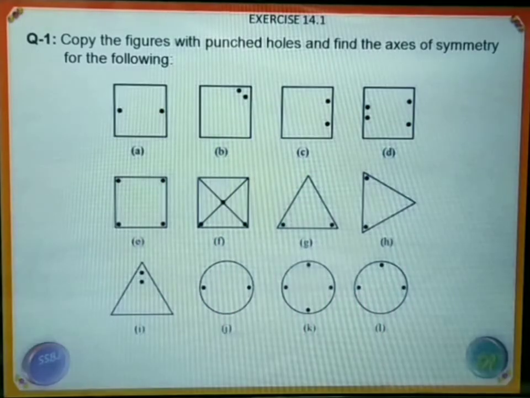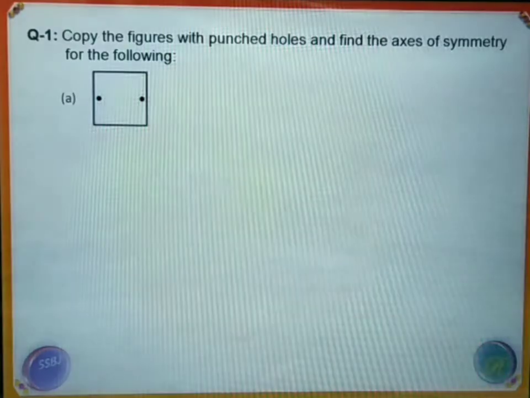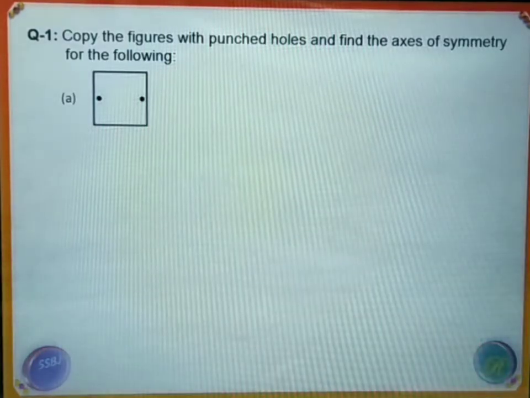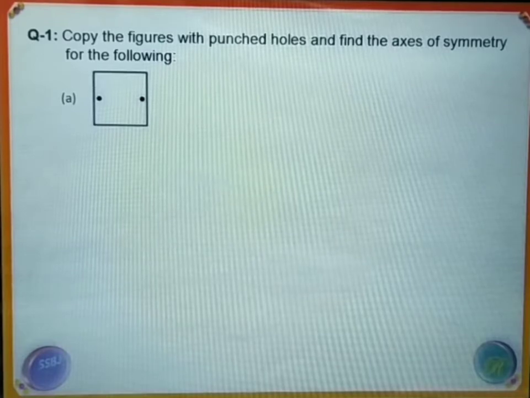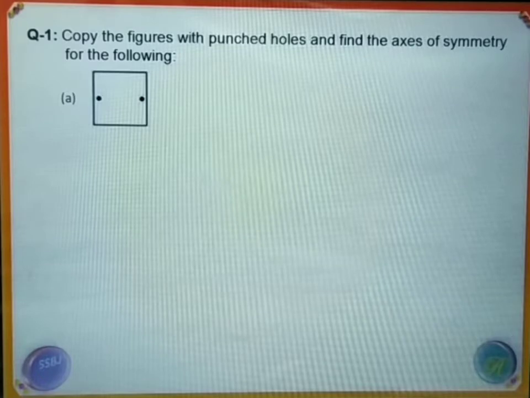Exercise 14.1. Question number 1. Copy the figures with punched holes and find the axis of symmetry for the following. A. Copy this figure. Solution.